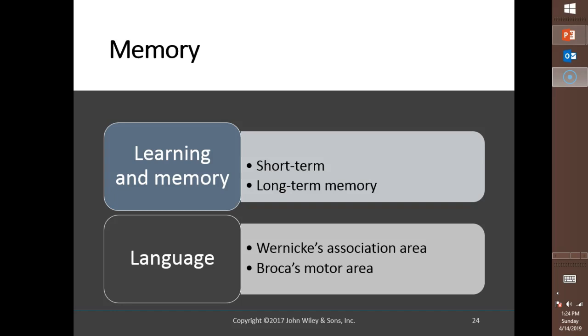Broca's area is that motor area located in the frontal lobe, and it's active when you translate thoughts into speech. Broca's area receives input from Wernicke's area and then generates a motor pattern for activation of the muscles that we need to form the words. So think about all the muscles that are active in creating speech.